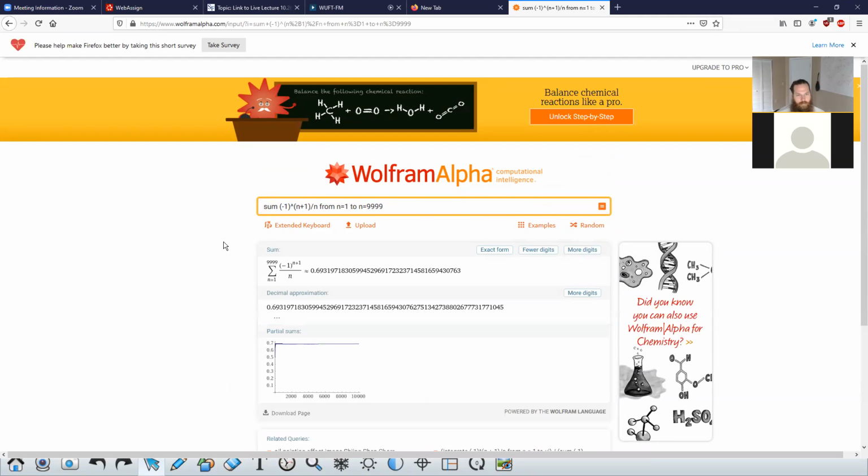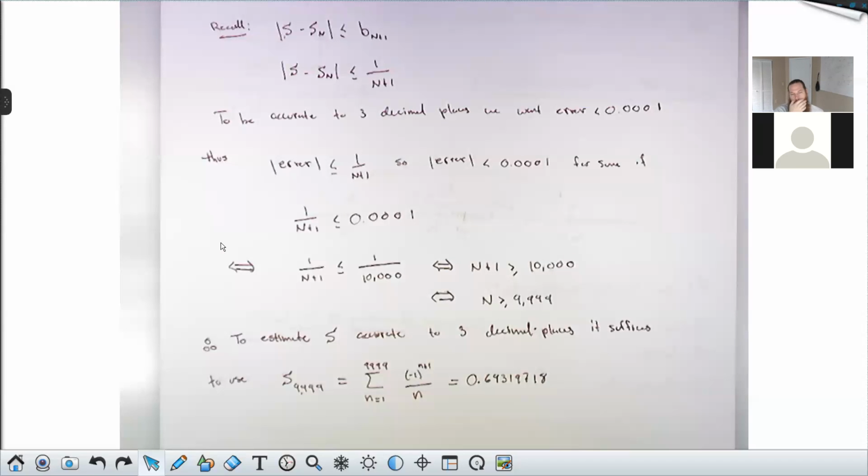All right, so here it is. I'll just write out the first few decimals. This is 0.69319718. For reasons I cannot explain to you right now, but I will be able to explain to you very soon after we talk about power series, I know what the actual value of this alternating harmonic series is.